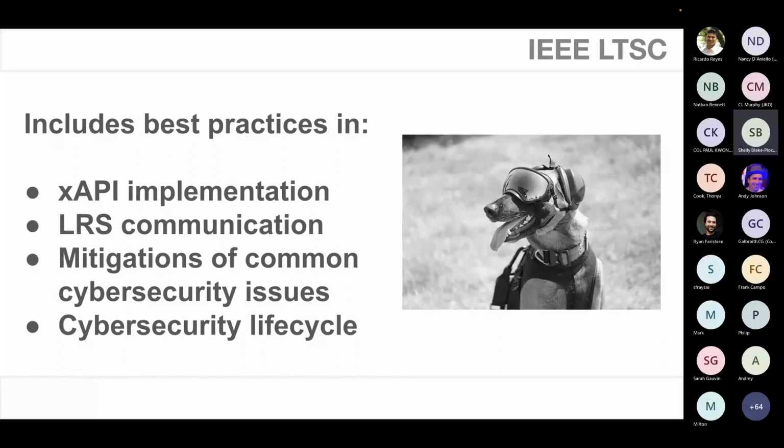At each of those touch points, there are going to be best practices in regard to safe and secure transmission of the xAPI data. Those mitigations of common cybersecurity issues, what we're going to see is that xAPI fits into the broader category of the communication of data and the use of APIs. And we'll talk about that in a moment.